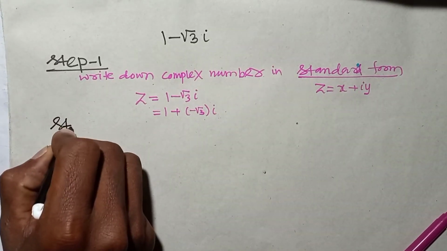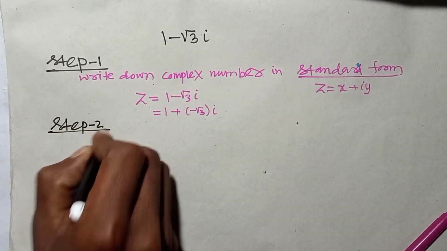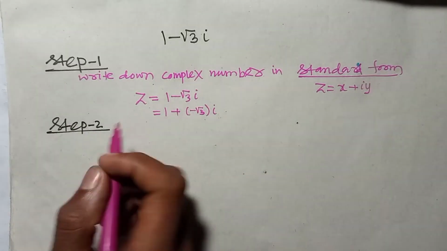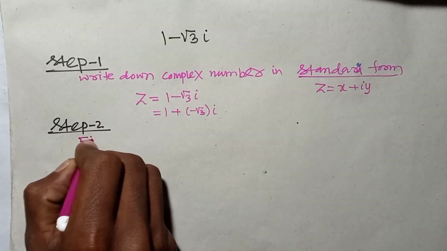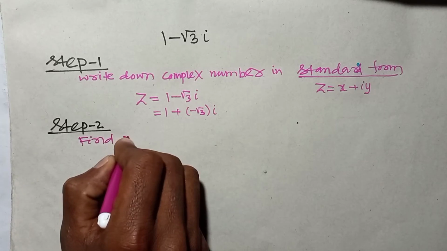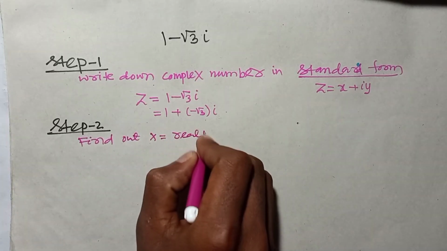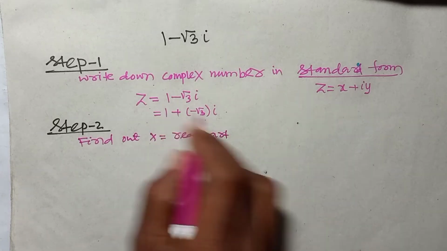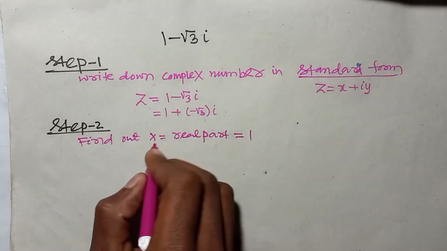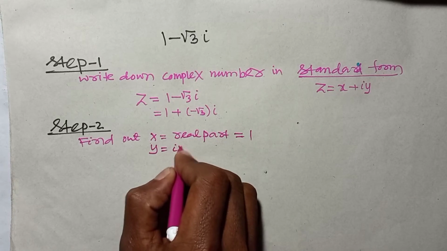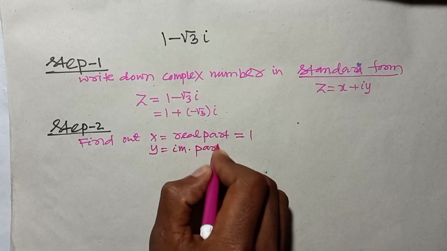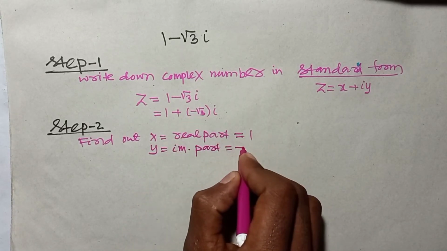Now let's see step number 2. In step number 2 you have to find out the value of x, which is nothing but the real part, and the real part of this complex number is 1, and y, that is the imaginary part. Here the imaginary part is minus root 3.